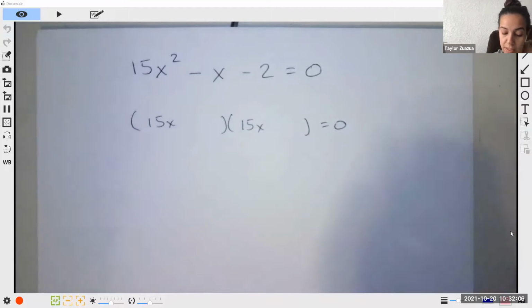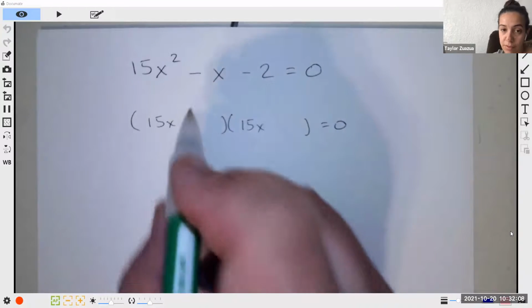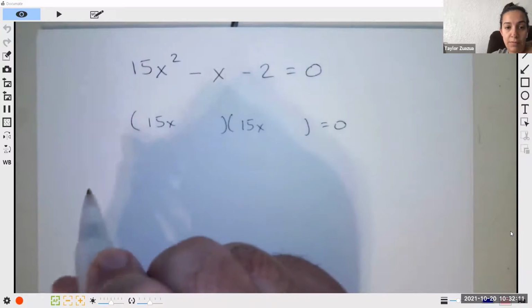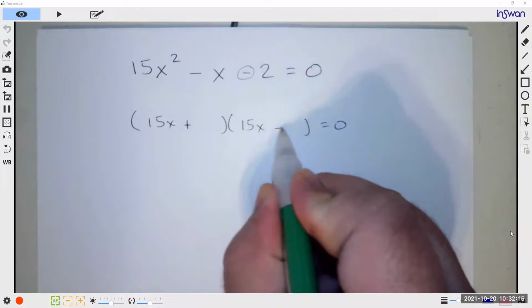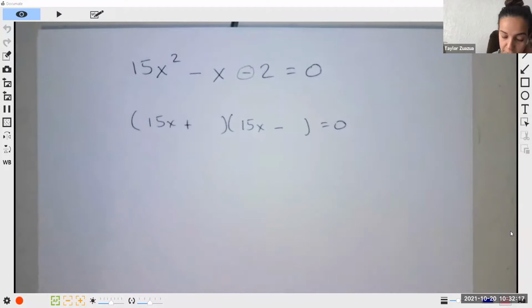So this one is a negative. Wait, no, the second sign is negative, so it's a positive and a negative.